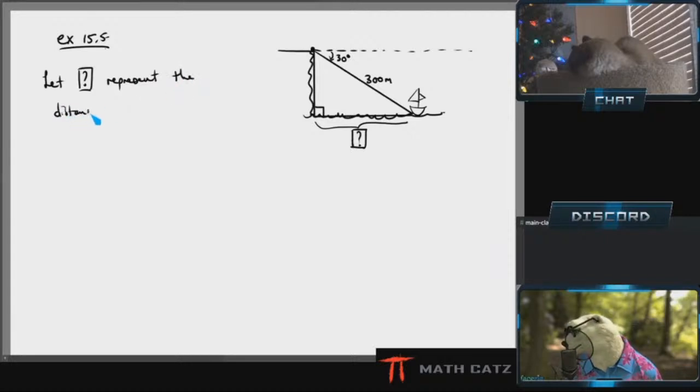So let question mark in a box represent the distance to the cliff, which I assume is perfectly vertical. And I can even say as shown on my diagram. My diagram can help explain the situation and what I'm going to do, but it's not something that can stand on its own. You need words, you need sentences, you need an explanation. But I can definitely point the reader to my diagram.